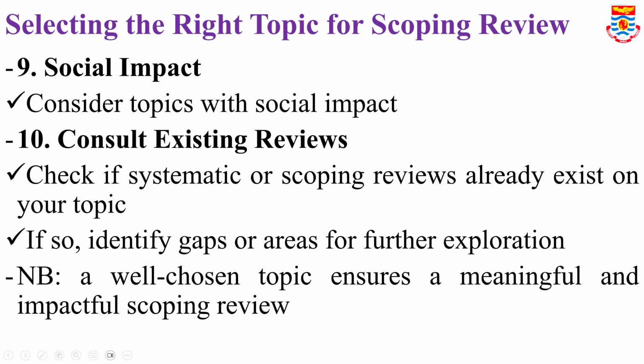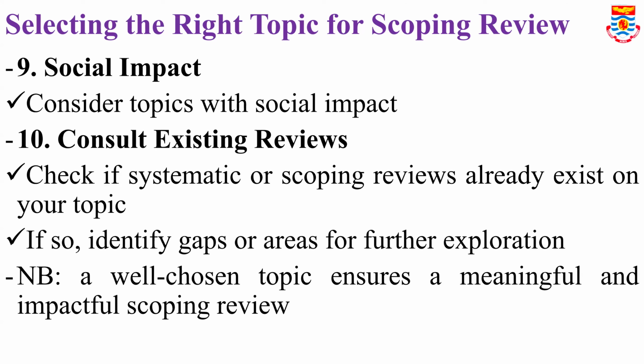I thought my points were exhausted. Social impact. Yeah. We need things that will change the lives of people in the community. Consult existing reviews. So check if systematic or scoping reviews already exist on the topic, so that people don't come and say, I am the only person here.